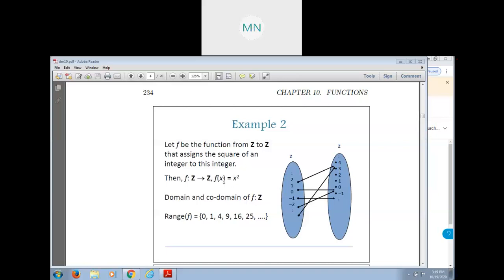Suppose we put x equals 2, then it will be what? 2 square. When f of x is defined as x square and we consider x equals 2, then f of x will be what?